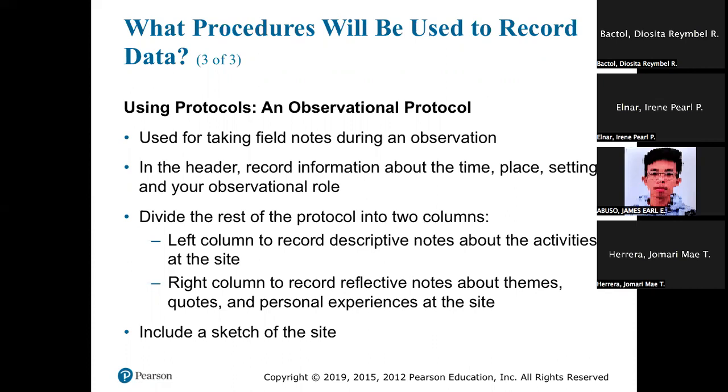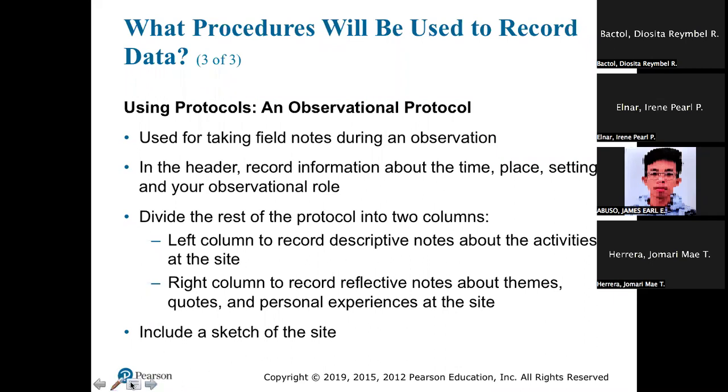Second, in the header, record information about the time, place, setting, and your observational role. Third, divide the rest of the protocol into two columns. The left column records descriptive notes about the activities at the site, the right column records reflective notes about themes, quotes, and personal experiences at the site, and lastly, include a sketch of the site.